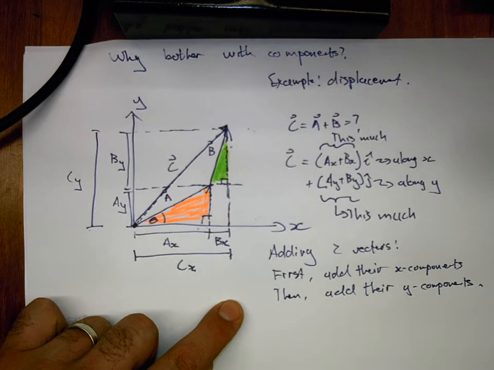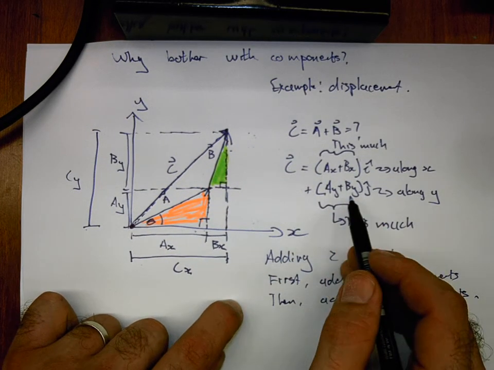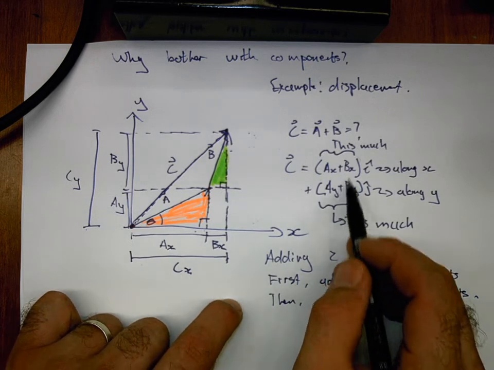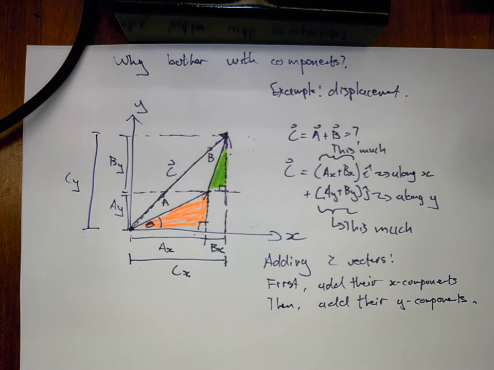And then you can simply just leave it in a form that says, well, I've got so much along x and so much along y. You don't have to usually simplify it more than that unless I ask you how long is this vector, in what direction is it pointing.